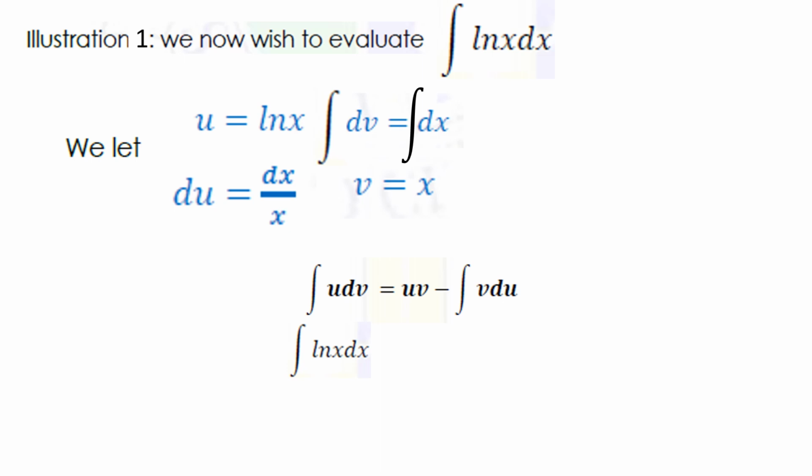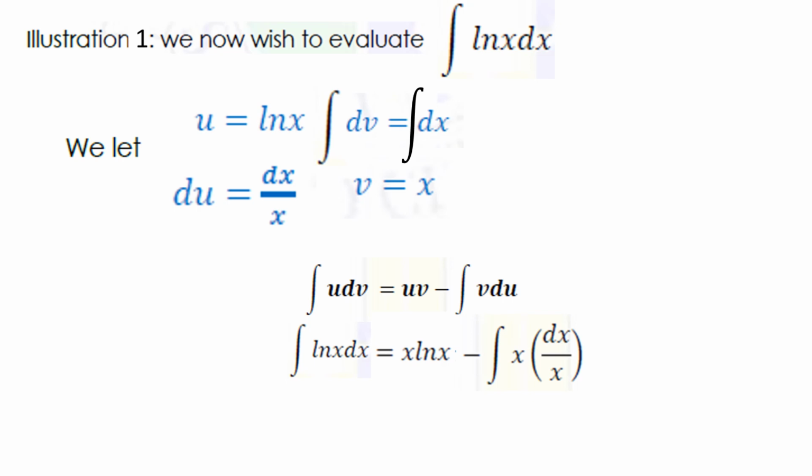U is ln x and dv is dx. This will be equivalent to uv. Our u is ln x, and our v is x. So we can simplify that to be x ln x minus the integral of v du. Our v is x and our du is dx over x.